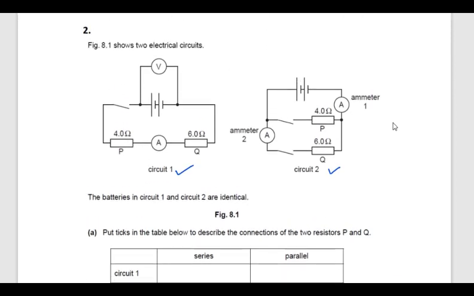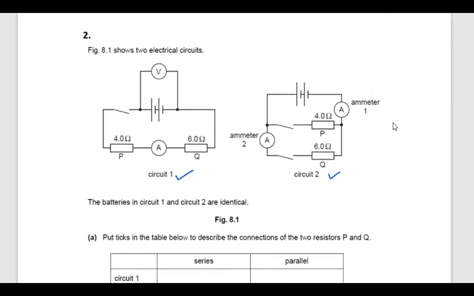Now remember, in my previous video I tried to differentiate between a series circuit and a parallel circuit. For this particular circuit here, this is a series circuit.